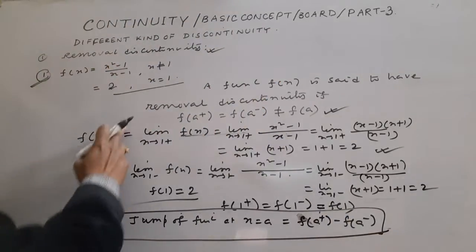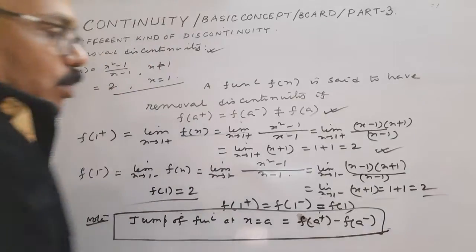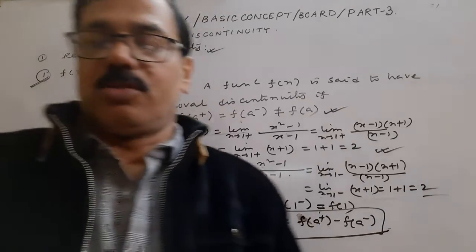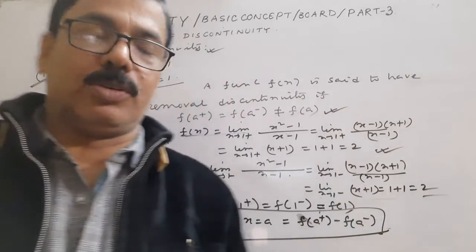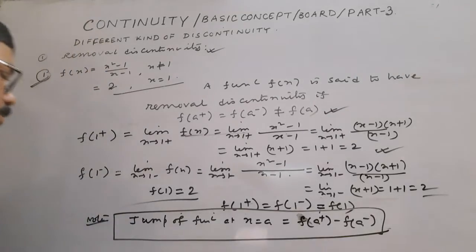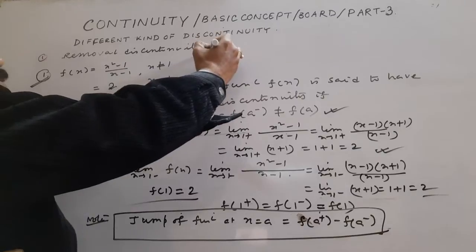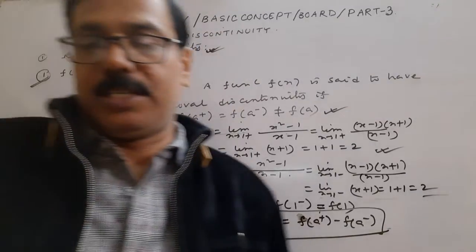What is the jump of the function here? 0. So if the jump of the function is 0, we say the limit exists. So this is removal discontinuity.